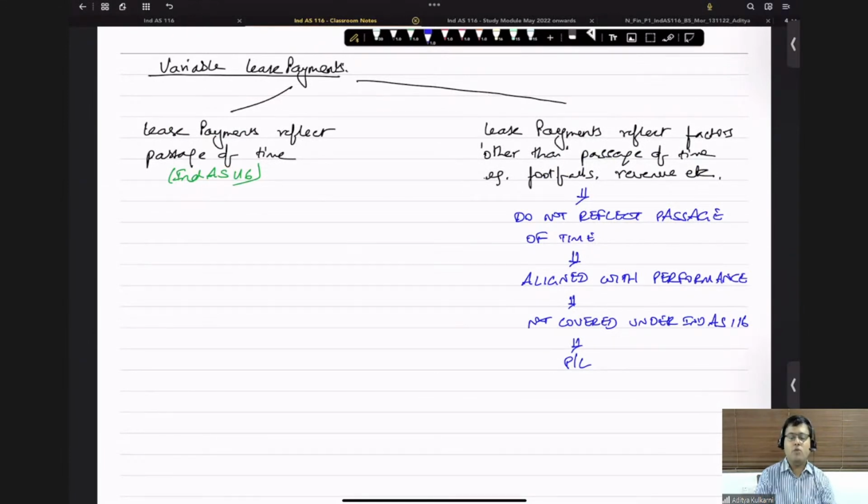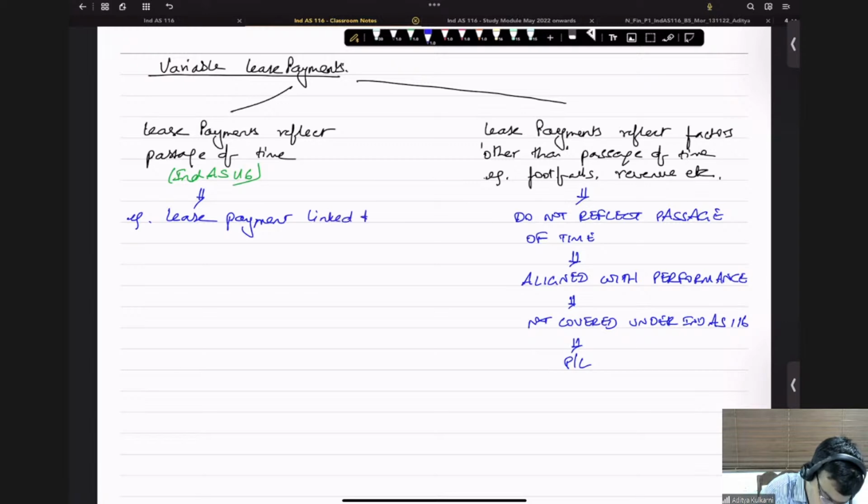However, when you come to lease payments reflecting passage of time, how will that work? For example, lease payments linked to a rate or index. Sir, what do you mean linked to a rate or index?